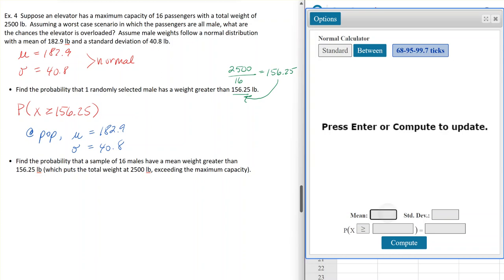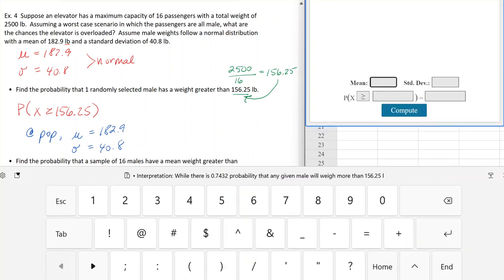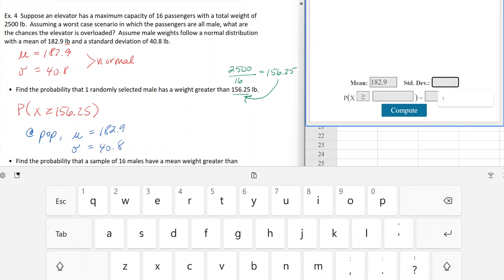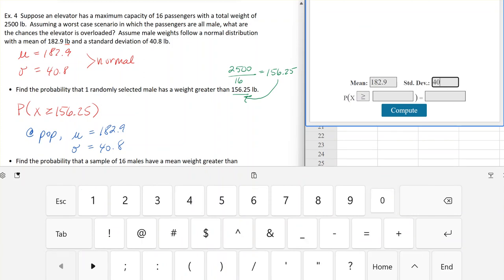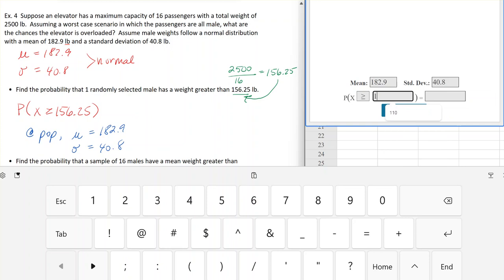So over here in the calculator, we're going to put in 182.9. Our standard deviation is 40.8. And we're looking for the likelihood of some man weighing greater than 156.25.